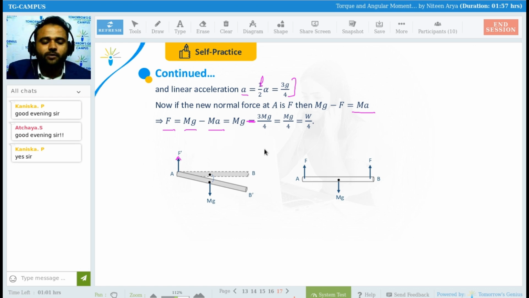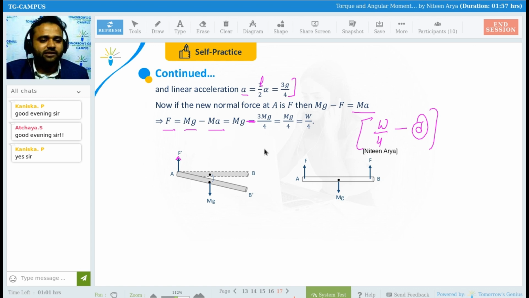So the answer is mg by 4, where mg is the weight. Is this clear? In this manner you can find this. Yes, the correct answer is D, but that is the process to find D. Clear everyone? Clear now? Good.